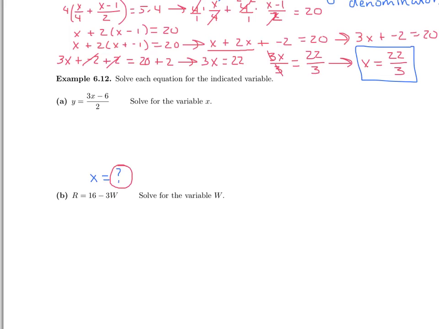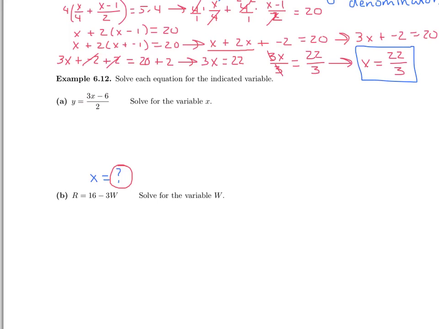Currently, this equation has the variable y solved for. And really what we're doing is we're reversing the roles of x and y. So in the end, the variable x will be solved for, and the variable y will sit here somewhere in the right-hand side, just like how currently x is sitting here in this expression on the right-hand side. So we're really just exchanging the roles of x and y here.